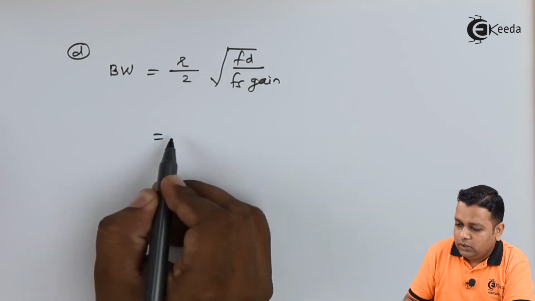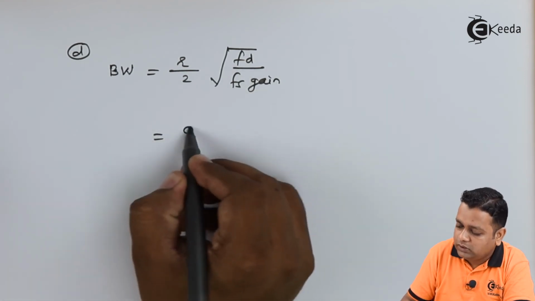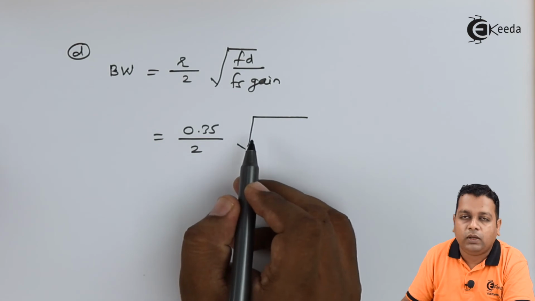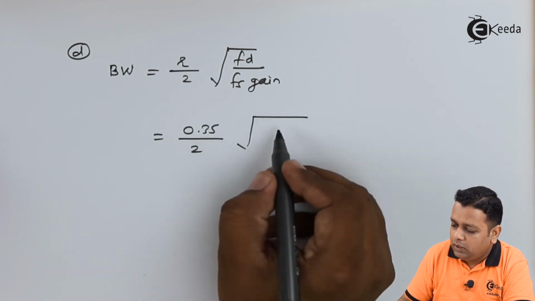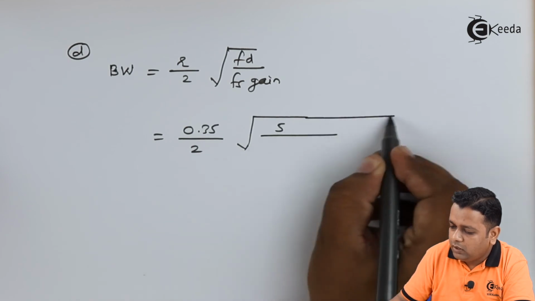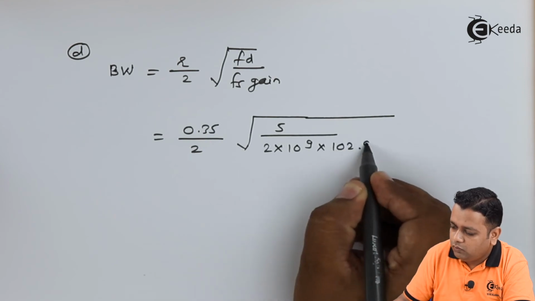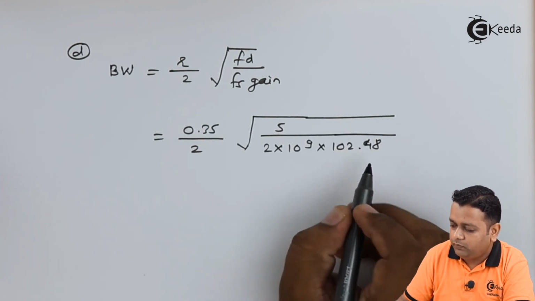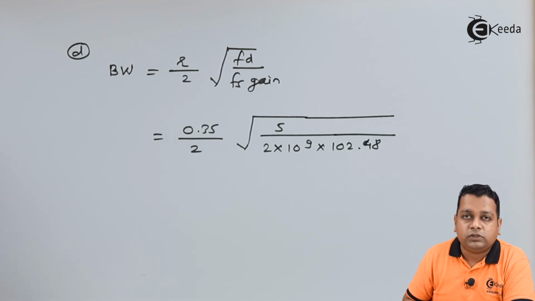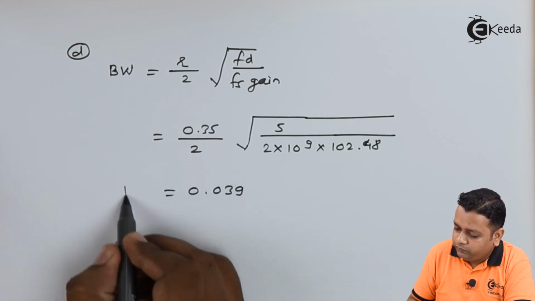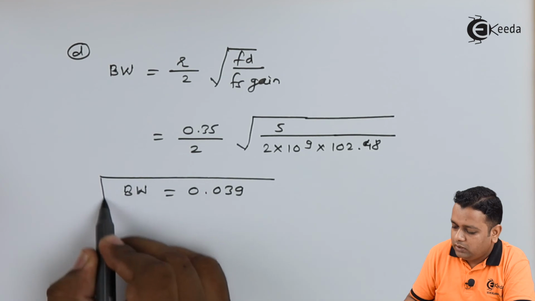Substituting the values gives us 0.35 divided by 2 square root of, with the numerator under the square root being 5 and the denominator 2 into 10 raised to the power 9, into 102.48 obtained. So this gives us the value of the bandwidth. The bandwidth is obtained as 0.039. This completes problem number 3 based on the parametric amplifier.